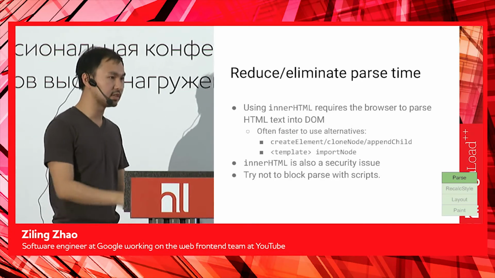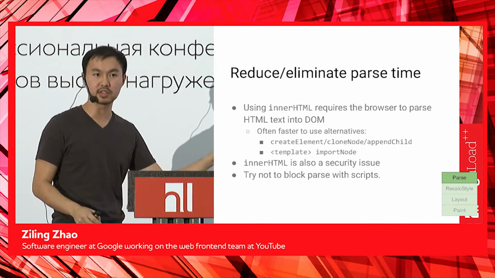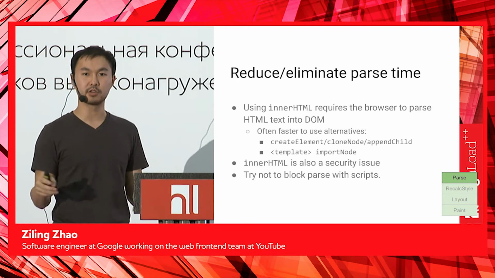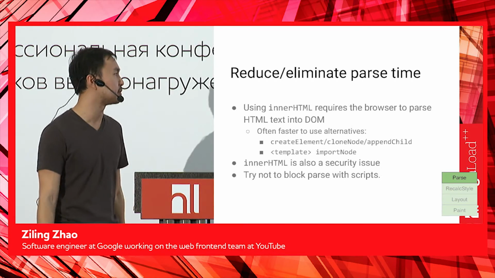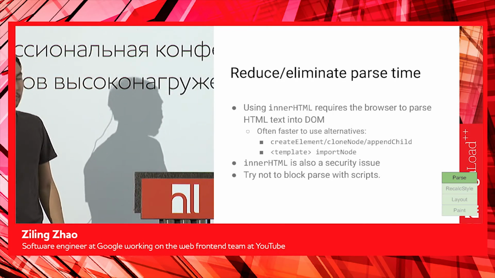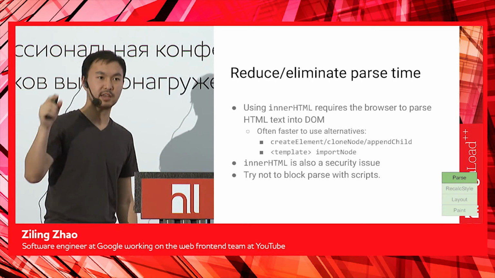So how do we make sure that we have the browser stuff fast? You can kind of control your JavaScript, but you should know what the browser's doing and how you can make it so the browser doesn't trip up. So one thing, parse time, is very closely associated with innerHTML. If you use that and you abuse that, it's going to take a long time.